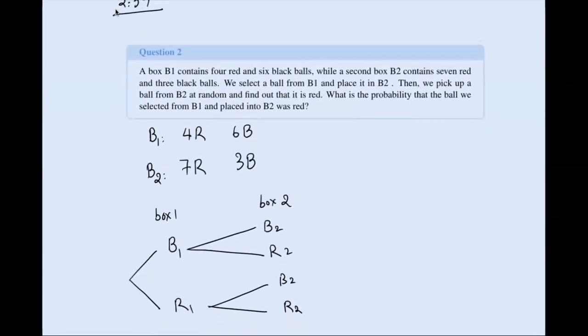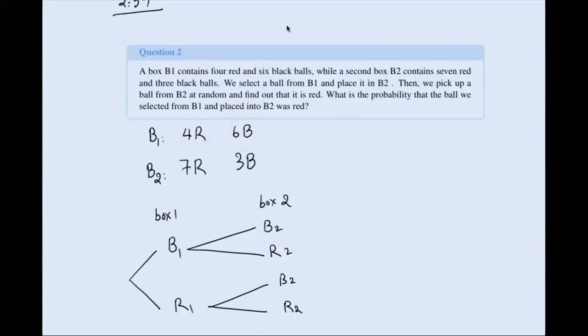So in my tree diagram, the first column represents the color of the ball that I pick from box 1 and put in box 2. And this column represents the color of the ball that I picked from box 2. So I first pick a ball from box 1. Initially, I have 4 red and 6 black.